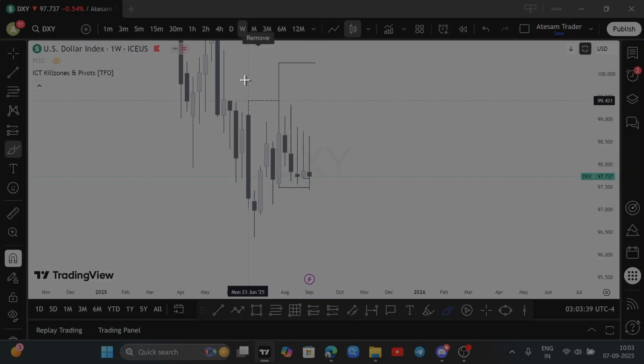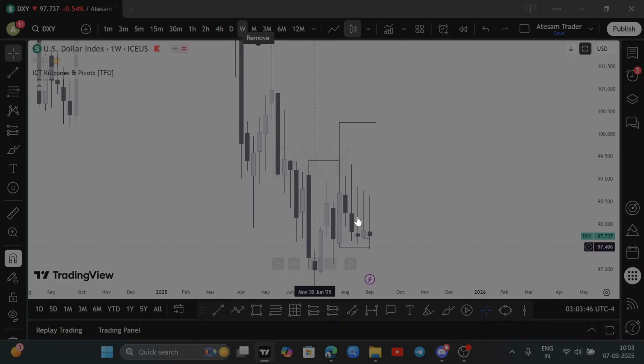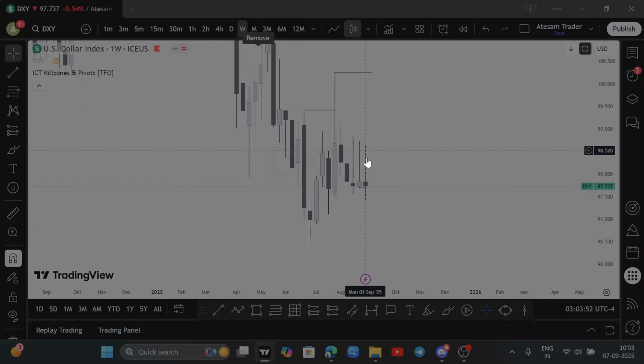But we need to confirm it on the daily, as this weekly close is not bullish. Can you see this close? It swept the liquidity and closed bullish. And check this one: it swept the liquidity, but it didn't close bullishly.